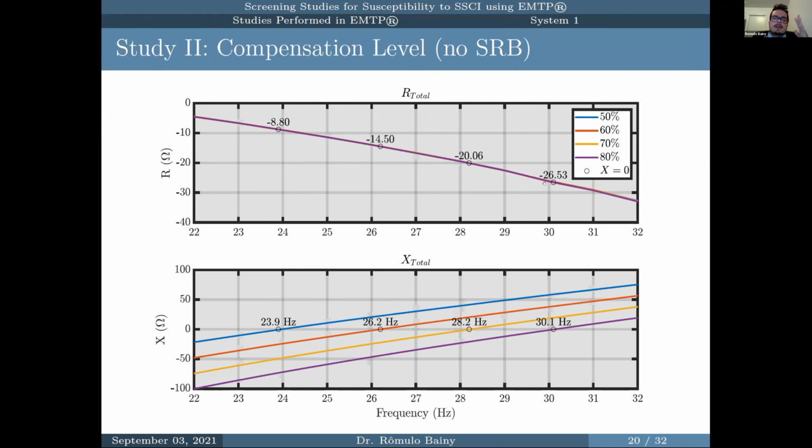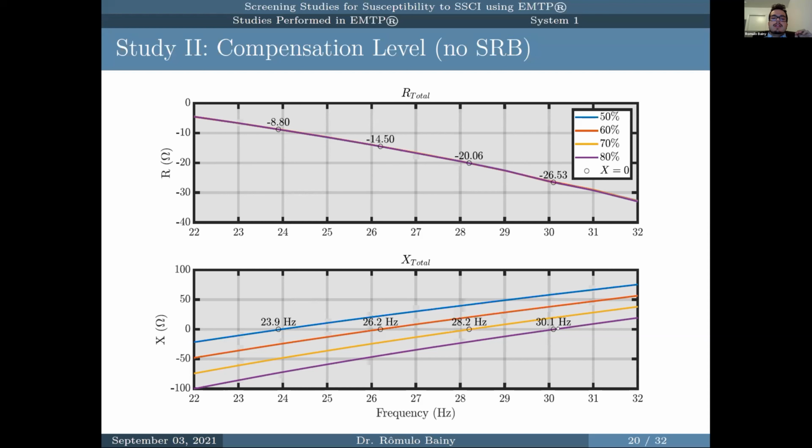So it's almost the same ratio. A 30% increase here is going to be almost 3 times larger, a little bit more than 3 times larger in this situation. And the resonance frequency here also is going to vary from 23.9 hertz for the 50% compensation to 30.1 hertz.